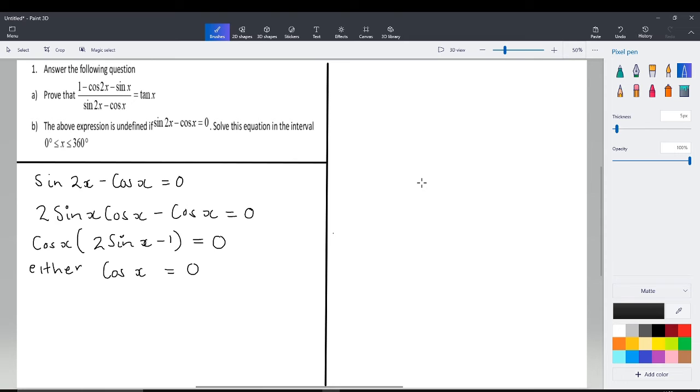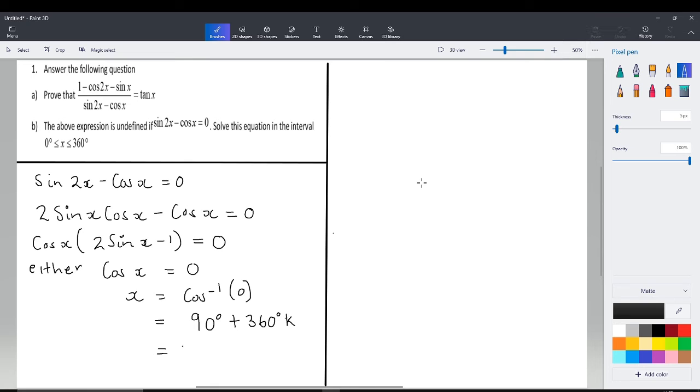From arc cos, it means x is equal to 90 degrees. And this is happening at every 360 degree interval, 360k, where k can be any integer value 1, 2, 3, and so forth.